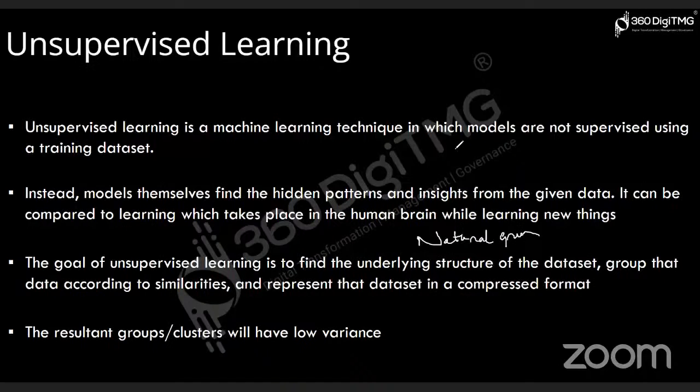Basically we are forming clusters, and we can use these clusters or groups as an individual data set and do further analysis on them.